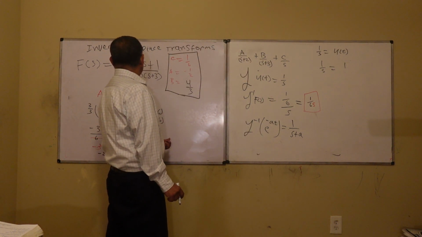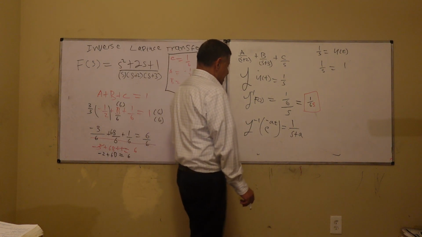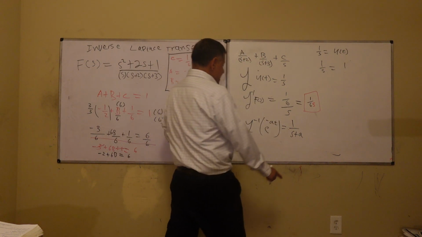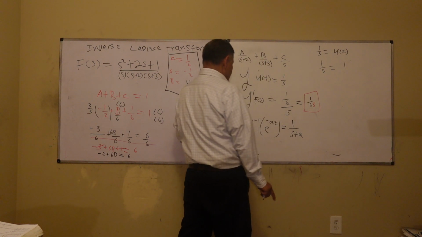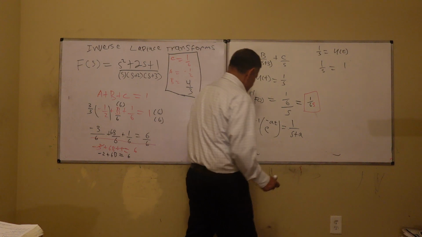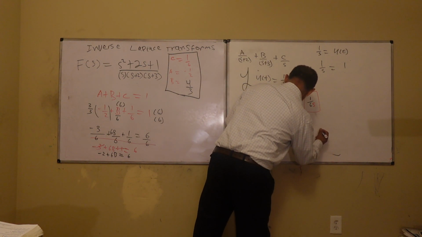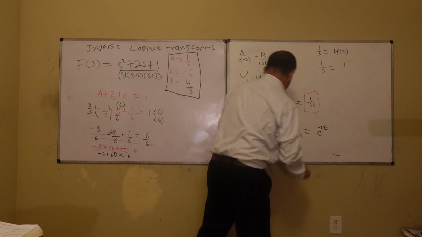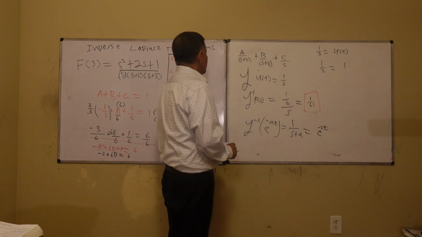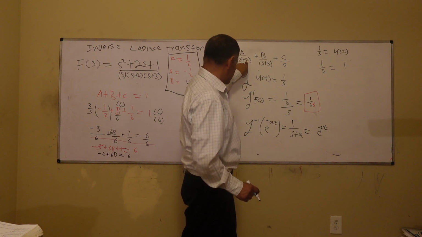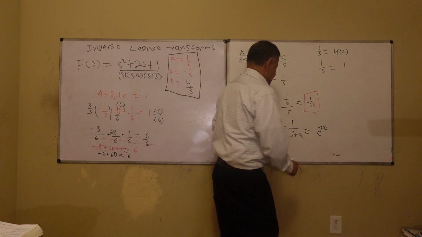Let's say, for example, I'm doing A right here. So a was 2. So now the inverse Laplace transform is going to be e to the negative 2t. Why? Because this was positive. I just replaced the a with a 2.